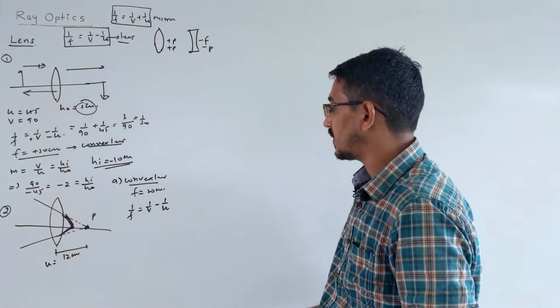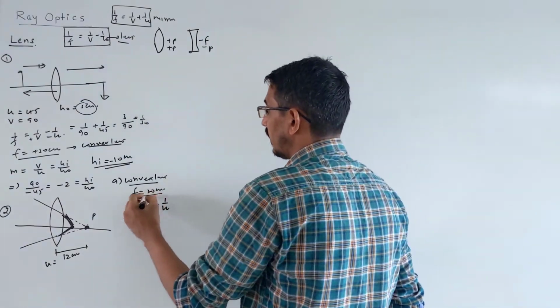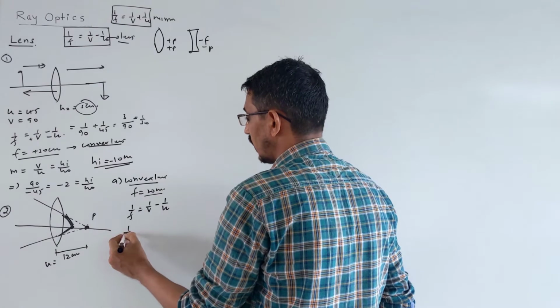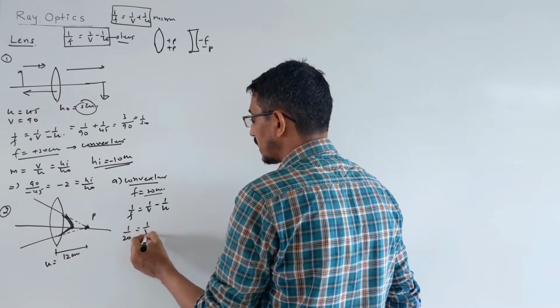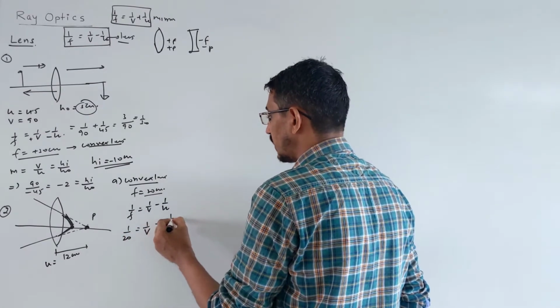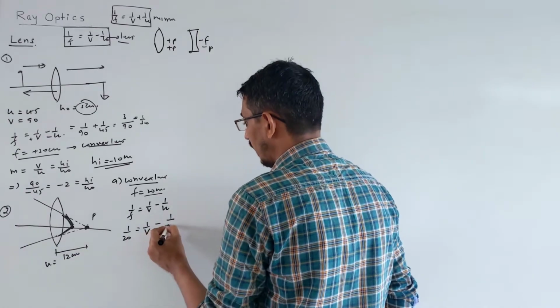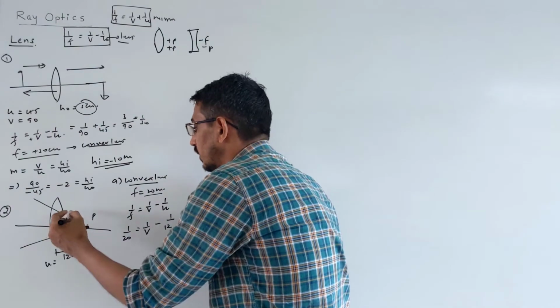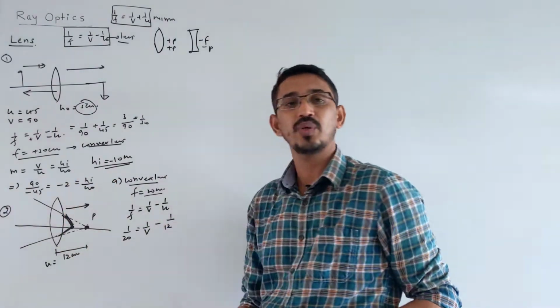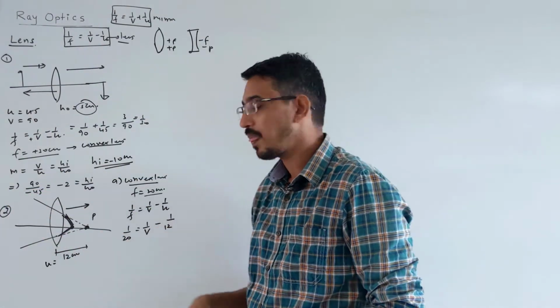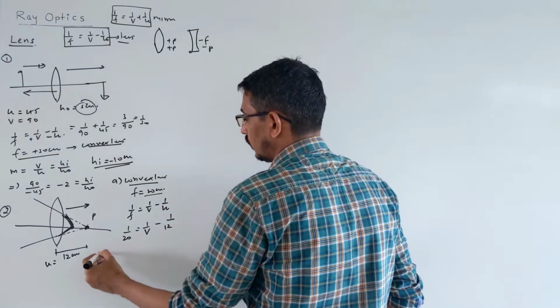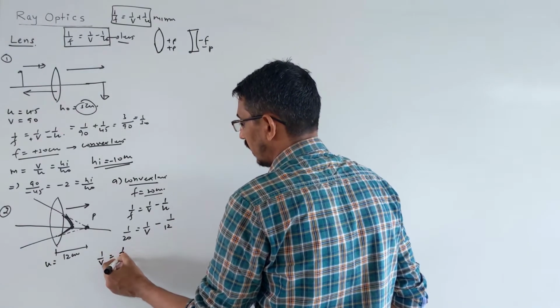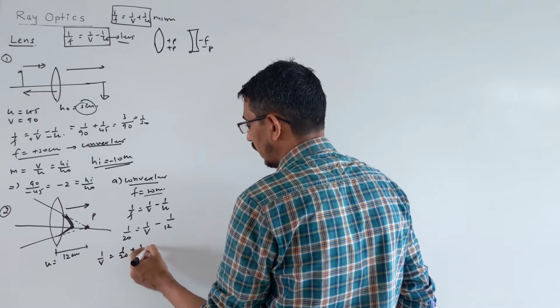Sign convention is very important. Focal length for this lens is always positive, so 1 by 20. Image distance you want to calculate, minus object distance. Object is 12. And watch carefully, is this object distance positive or negative? Light is coming that way only, so it's positive, 12 only. So 1 by v should be equal to 1 by 20 plus 1 by 12.